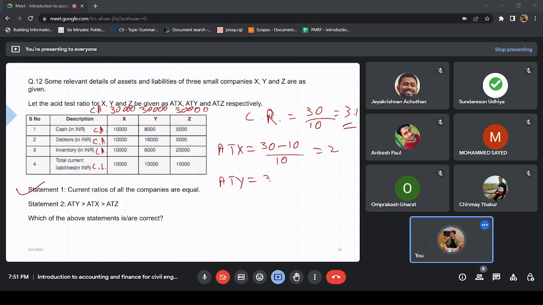Then 30 minus 6 by 10, 2.4, and Z is 1. So Y is greater than X and Z is the least. So statement 2 is also correct.